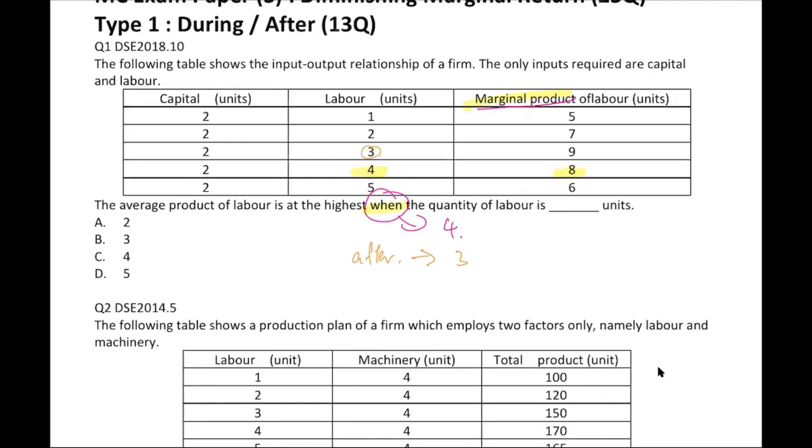Do I write the point like the labor where it decreased or will decrease? For this question, it's actually asking you about the marginal product. We are not going to choose A, B, C, or D, but I'm using the wordings.